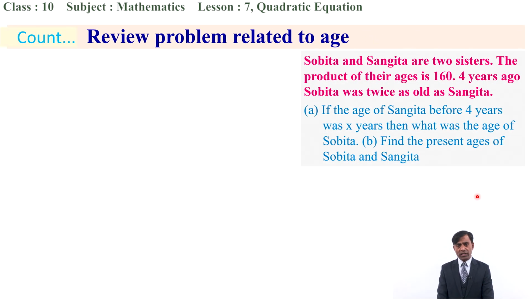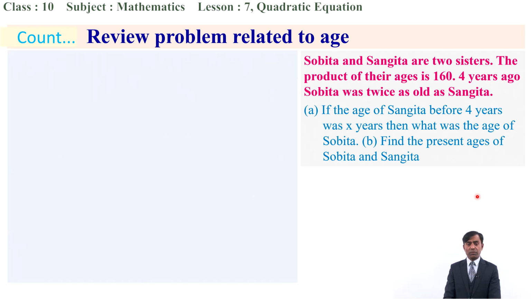The question is: Shobita and Sangeeta are two sisters. The product of their ages is 160. Four years ago, Shobita was twice as old as Sangeeta. Number A: before 4 years, the age of Sangeeta was X years, then what was the age of Shobita?